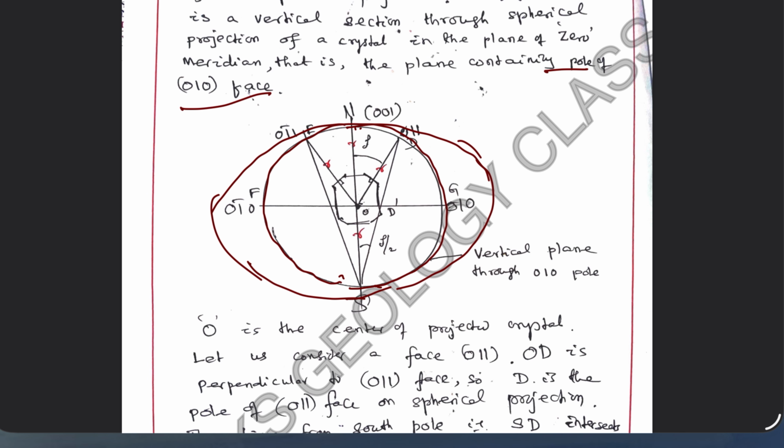This is a vertical section passing through the pole of the 0, 1, 0 face, and conventionally this face is taken as 0, corresponding to 0 longitude.